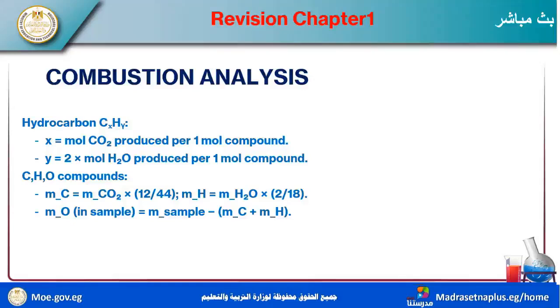We have C3H3O. If you burn this compound, it produces 3CO2. And we have the number of hydrogen equal to the mass of H2O divided by 18 to know the number of moles of H2O produced in this reaction.